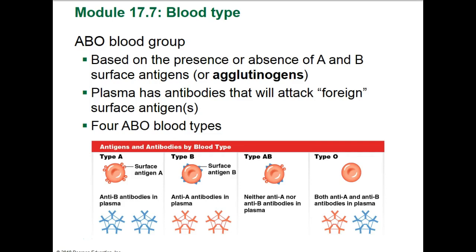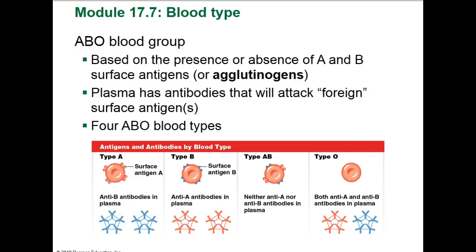Now, plasma has antibodies in it that will attack foreign surface antigens, just in general. That's the way your immune system works. If your system has not come into contact with something before, you will react against it. So you have 4 ABO blood types, or people in general.